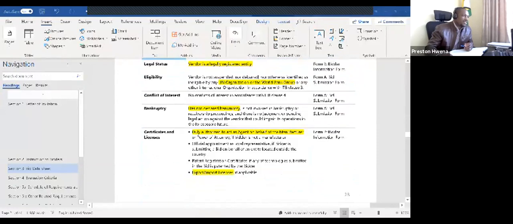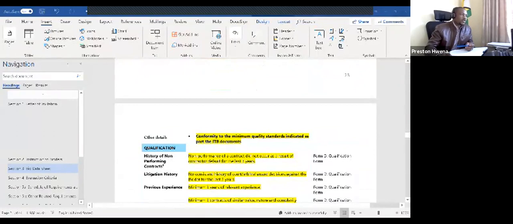We have talked about being duly authorized to act on behalf of the manufacturer. Then in other products, we might also require export or import licenses, depending on the products, but not always.